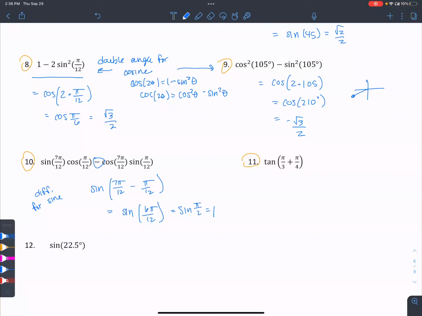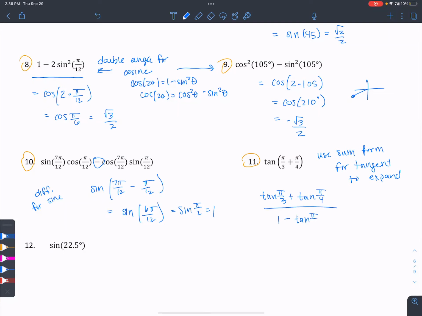On number 11, use the sum formula for tangent to expand. So you're going to have tan alpha plus tan beta over 1 minus tan alpha, tan beta.